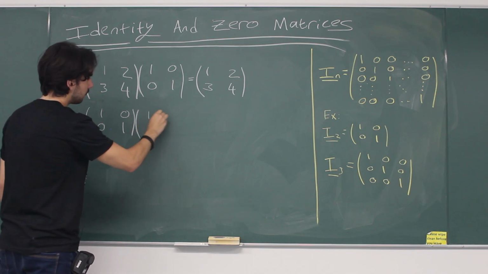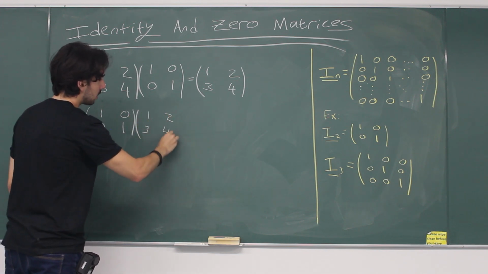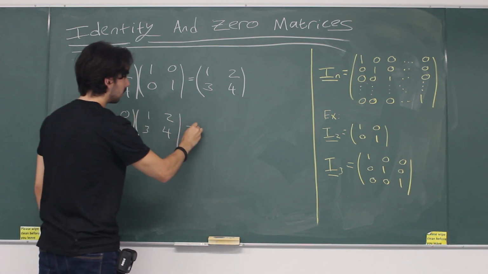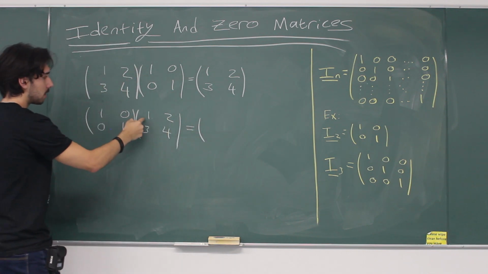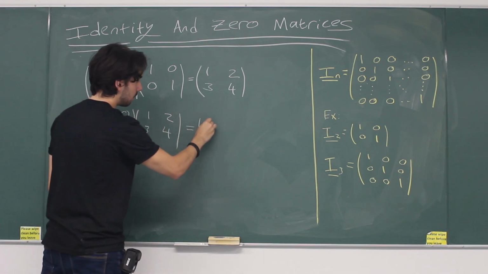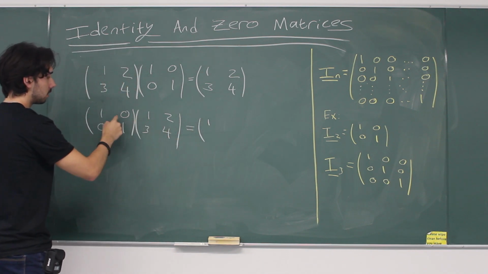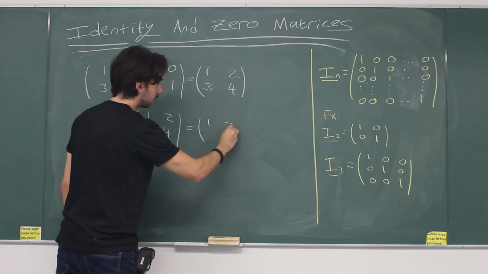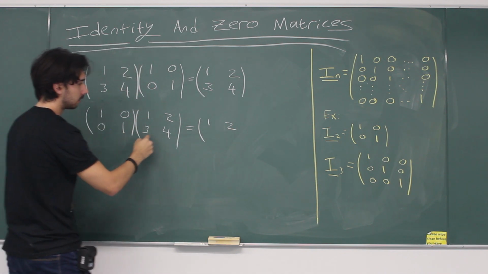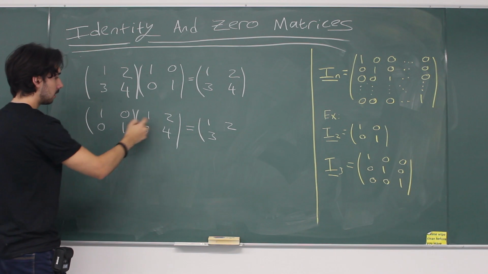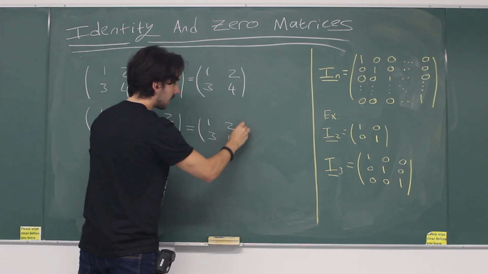I'm going to do the same thing, but swap the matrices around. So 1 times 1 is 1, plus 0 times 3, so just 1. 1 times 2, plus 0 times 4, so 2. And as you're seeing, we are getting the same thing again.